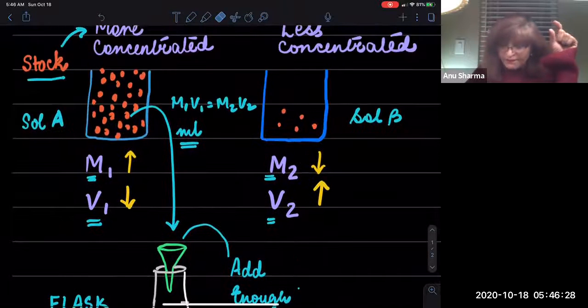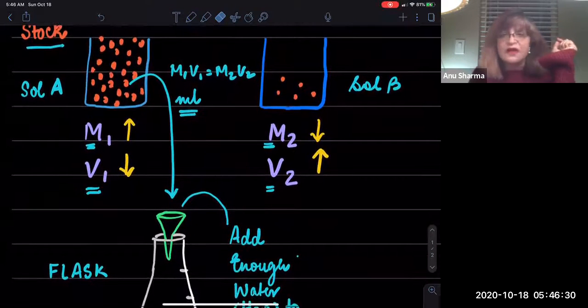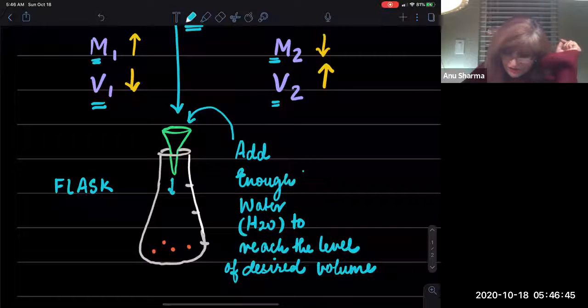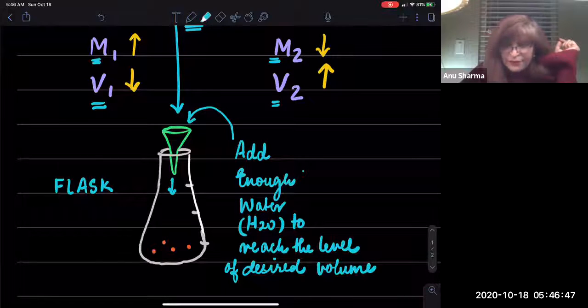As you can see, I have a large number of these red colored dots, and a smaller number of dots in the flask. So a little bit we added. Next, we are going to add enough water so that the water reaches the level that we want.